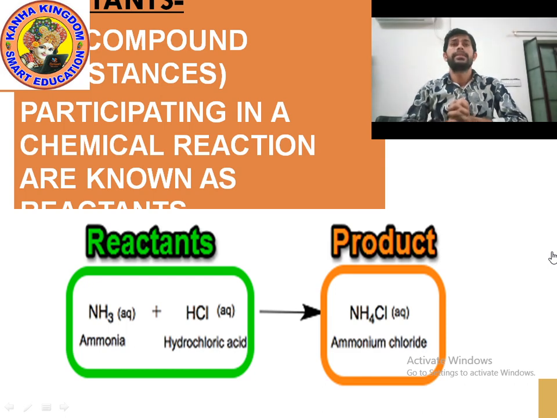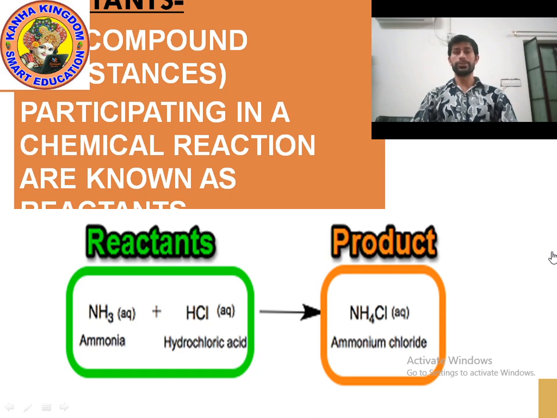So my friends, what do you mean by reactants? Look at the chemical equation which is written. Look at the equation: NH3 plus HCl gives NH4Cl. NH3 means ammonia, HCl means hydrochloric acid.